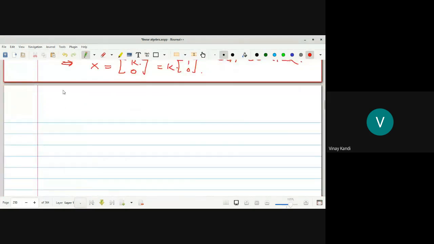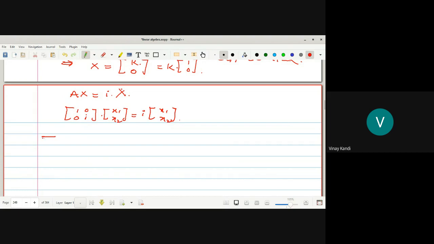Suppose X is equal to x1, x2 is the characteristic vector corresponding to the eigenvalue I. Then A into X is equal to I into X. A is 1, 0, 0, I, times x1, x2, which is equal to I into x1, x2. So x1 plus 0 x2 is equal to I x1, and 0 x1 plus I x2 is equal to I x2.